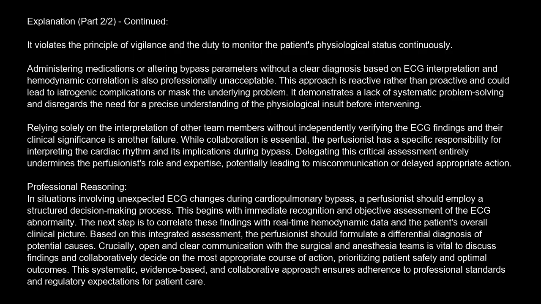Crucially, open and clear communication with the surgical and anesthesia teams is vital to discuss findings and collaboratively decide on the most appropriate course of action, prioritizing patient safety and optimal outcomes. This systematic, evidence-based, and collaborative approach ensures adherence to professional standards and regulatory expectations for patient care.